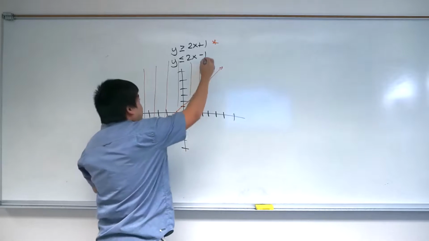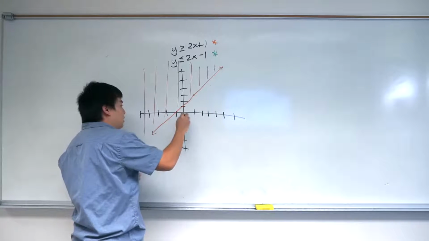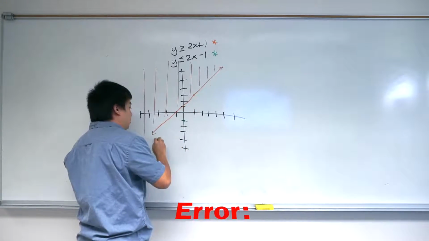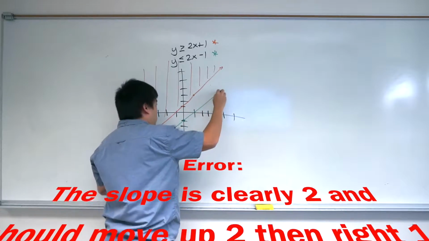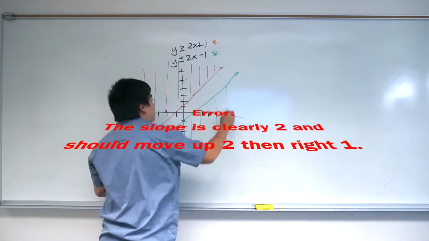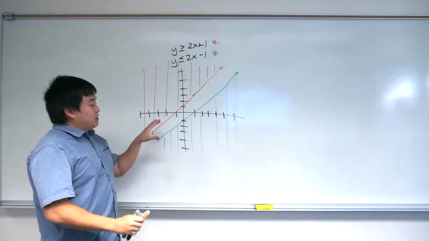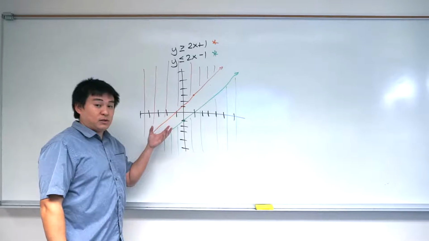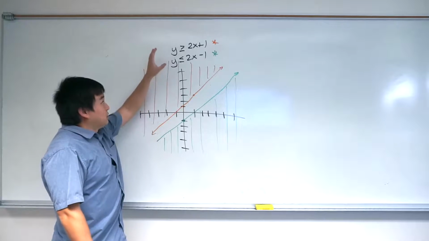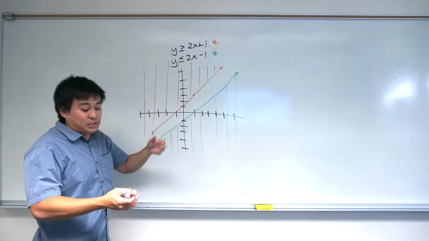The green one is 2x minus 1, which starts here, goes up 2, right 1. And we want all of those which are below or equal to, so solid line and all the lines below. But notice that there's no overlap between these two. So this set of linear inequalities of two variables has no solution.